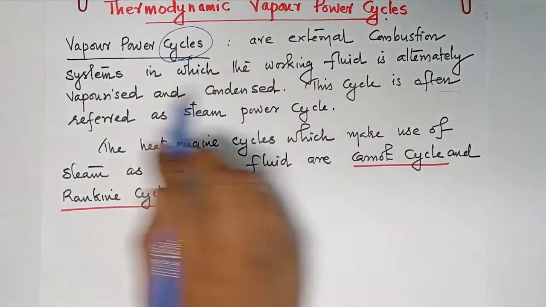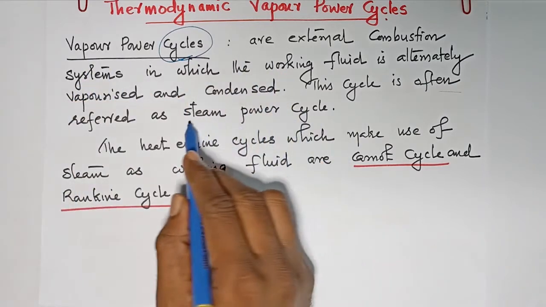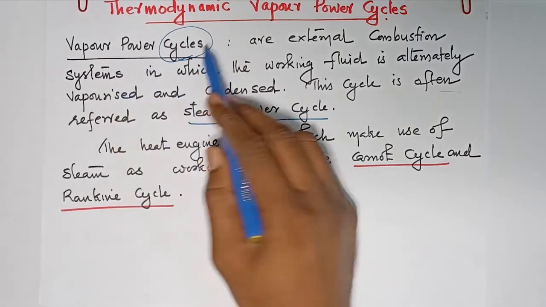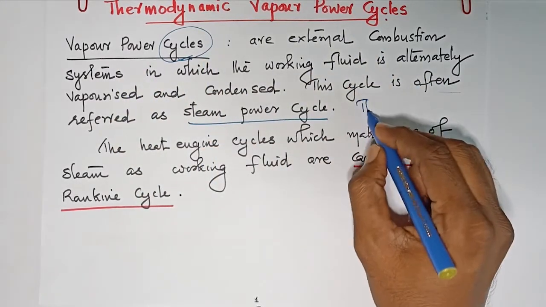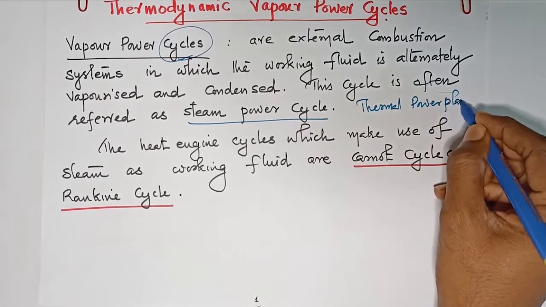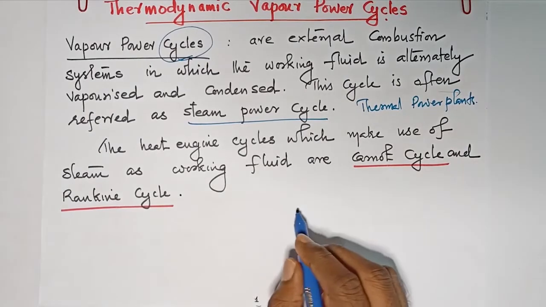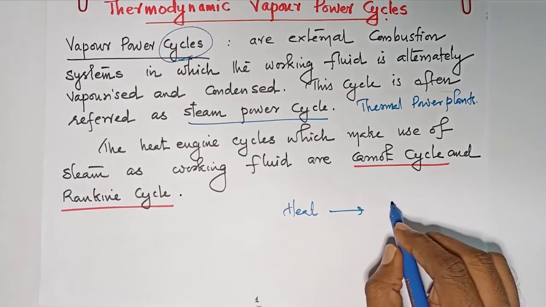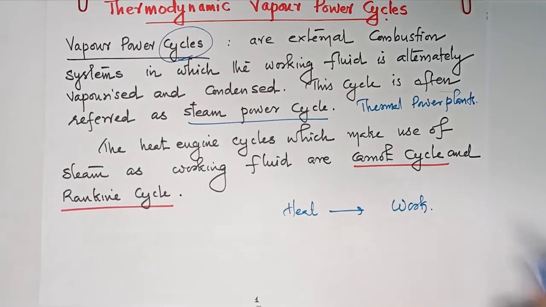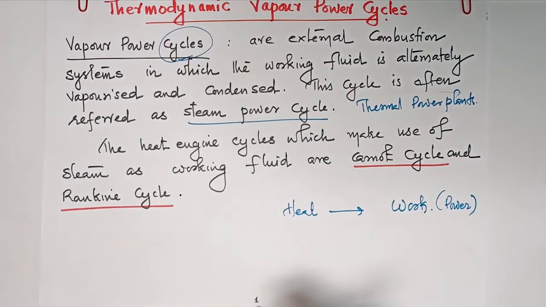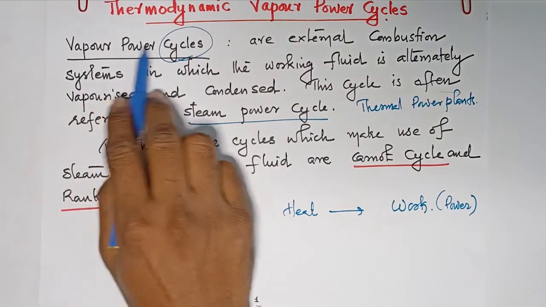So why is it called a steam power cycle? Because these cycles are used in thermal power plants. In thermal power plants, the heat energy is being converted into work, into power.